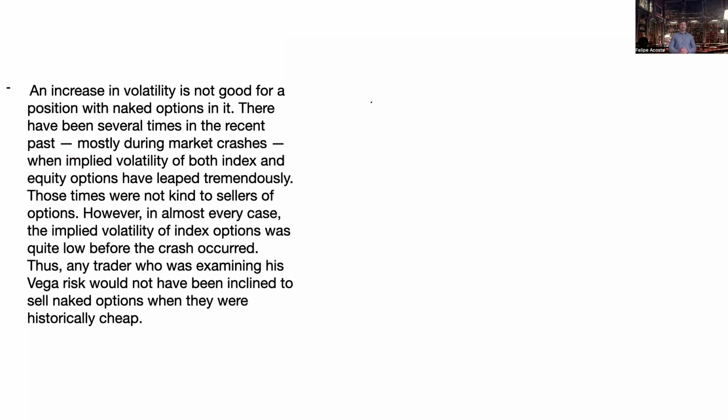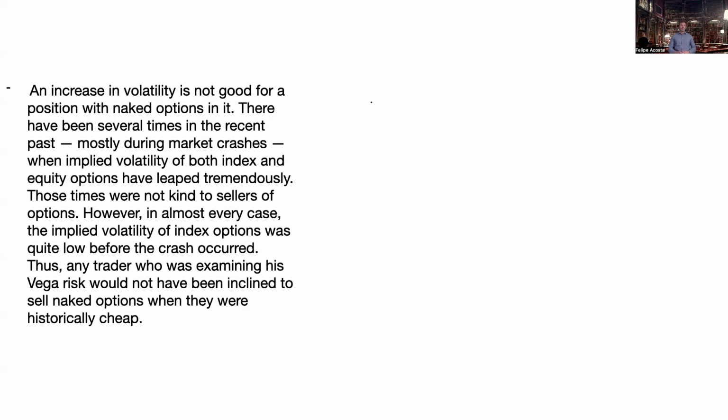So an increase in volatility is not good for a position with naked options in it, right? There have been several times in the recent past, mostly during market crashes, when implied volatility on both index and equity options leaped tremendously, because that's usually when volatility explodes, when there's a pretty nasty decline in the market, for that specific volatility index.